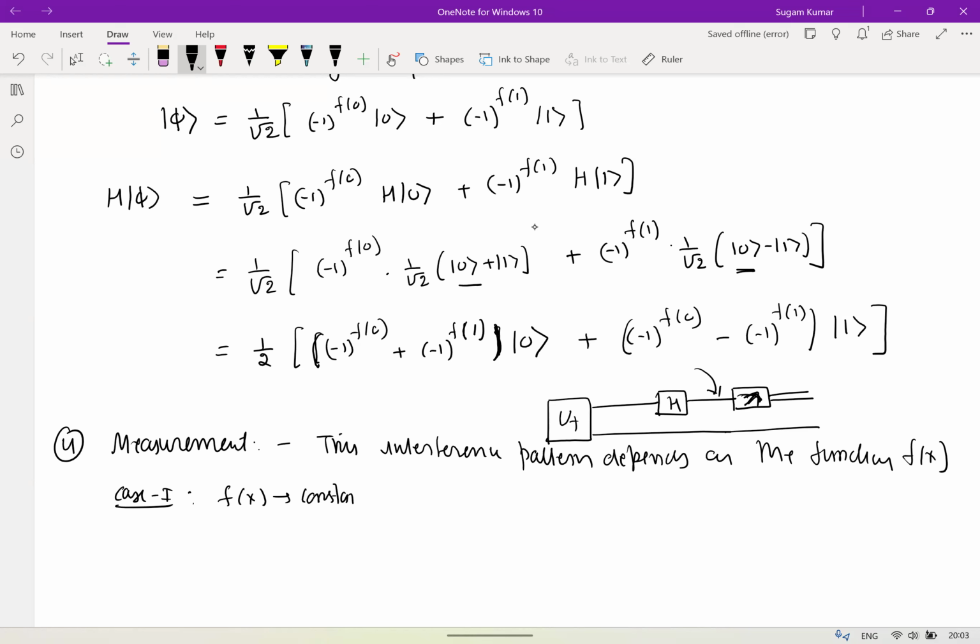Let's imagine if f(x) is constant, then what will come here? f(x) constant means if I put f(0), the value will be the same as if I put f(1). Now, if f(0) and f(1) are both equal, look at what you will get here. Let me call this the state after the interference.